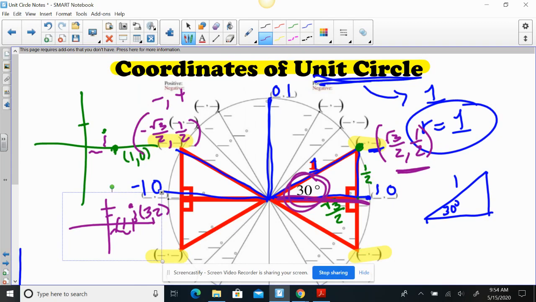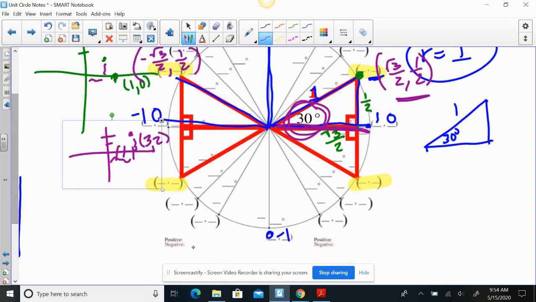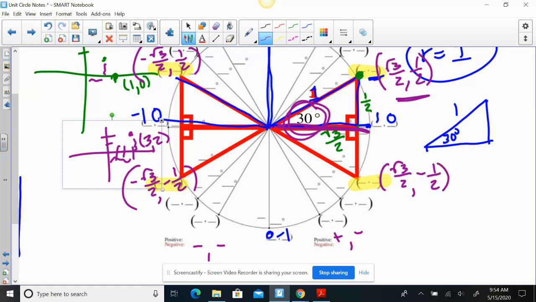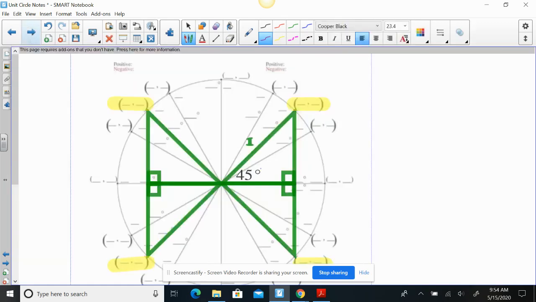In quadrant 3, x and y are both negative, so this point is going to be negative square root of 3 over 2 and negative 1/2. In quadrant 4, x is positive, but y is negative, so my coordinates would be rad 3 over 2 and negative 1/2. All I'm doing is using that special right triangle of 30, 60, 90. I hope that makes sense.